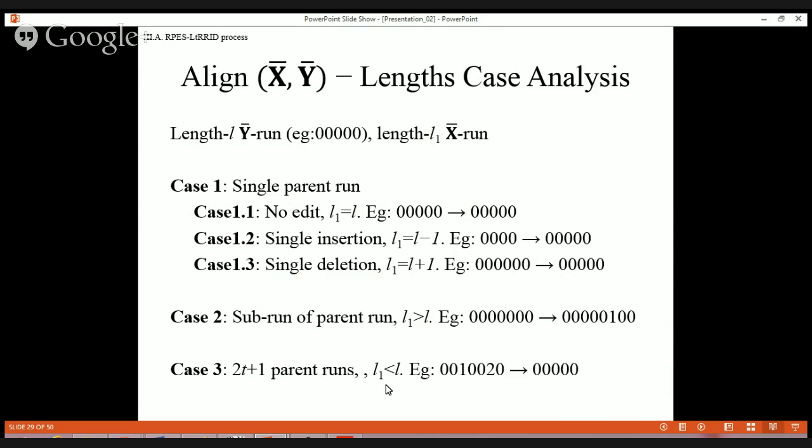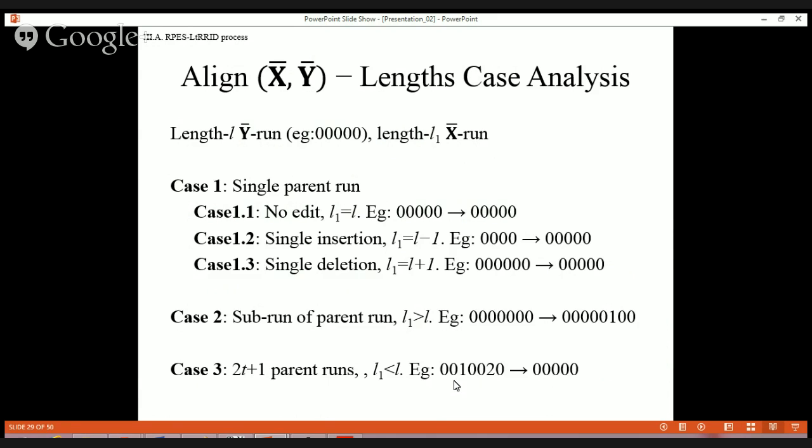The edit pattern is the deletions of those length 1 runs, which combine those t plus 1 runs of the same symbol into a single run in Y hat. In this case, L1 is smaller than L. An example is like this, where t equals 2 here.